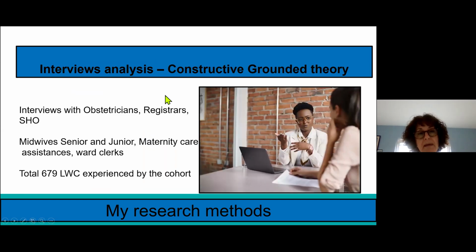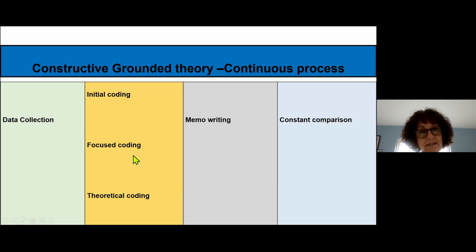The main part of my PhD study was interviews with obstetricians, so that was consultants, registrars and SHOs who are basically junior and new to the obstetric rotation. I also interviewed midwives, senior and junior, maternity care assistants and ward clerks. And in total, these individuals had experience of nearly 700 labour ward coordinators.